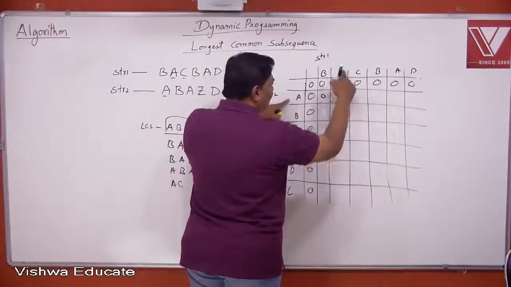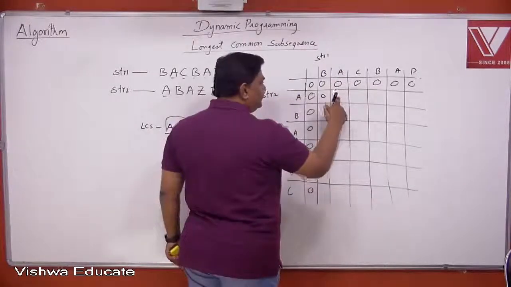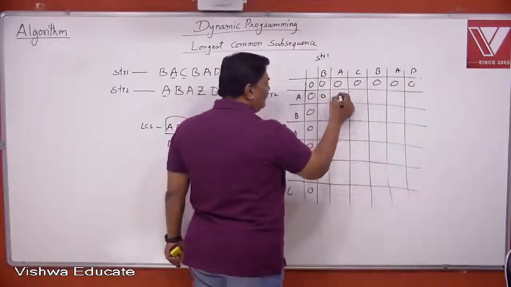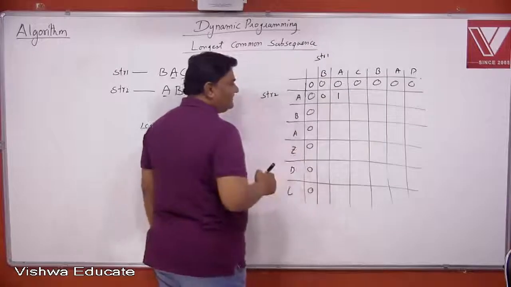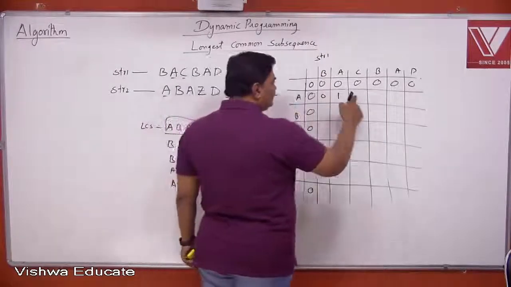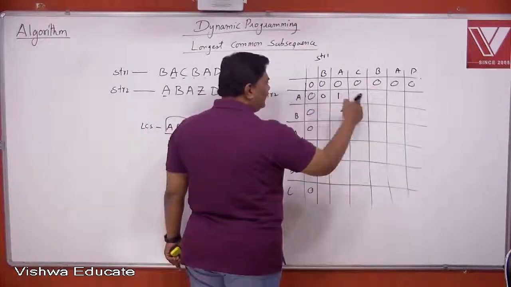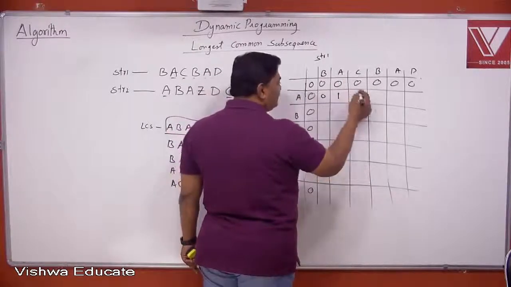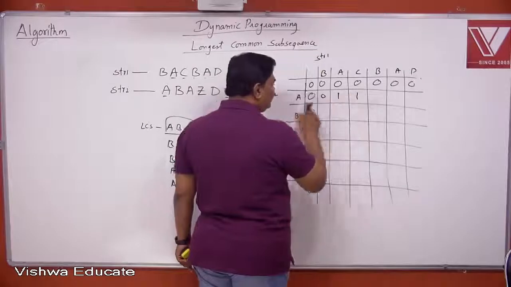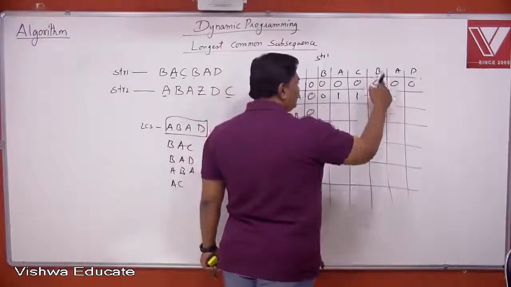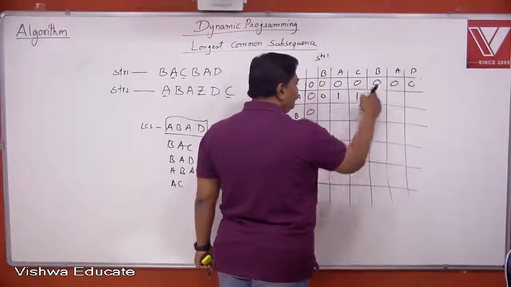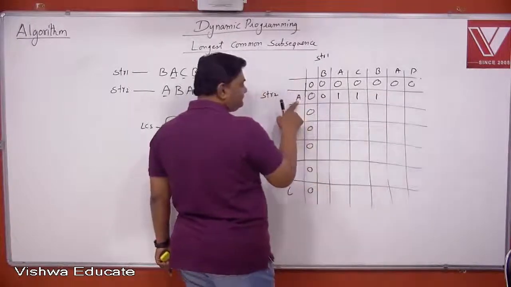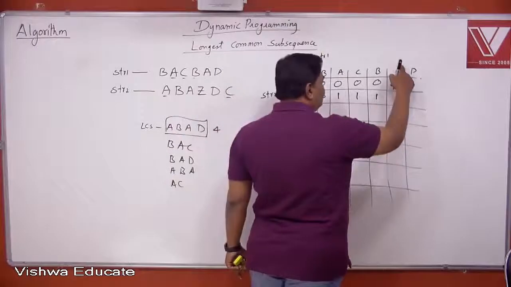Then A and A, they are matching. When they are matching, take the diagonal one and add 1 to it. So 1 is added. Then A and C, they are not matching, so take either this one or this one, whichever is maximum, which is 1. Take 1. Then this one, they are not matching, so take the maximum of these two. Then this one and this one, they are matching.